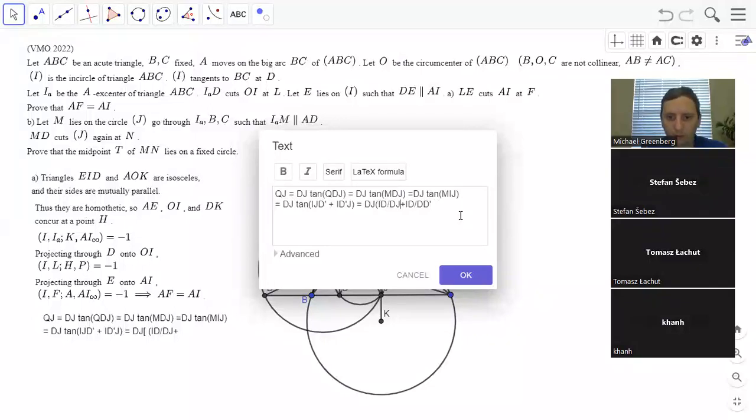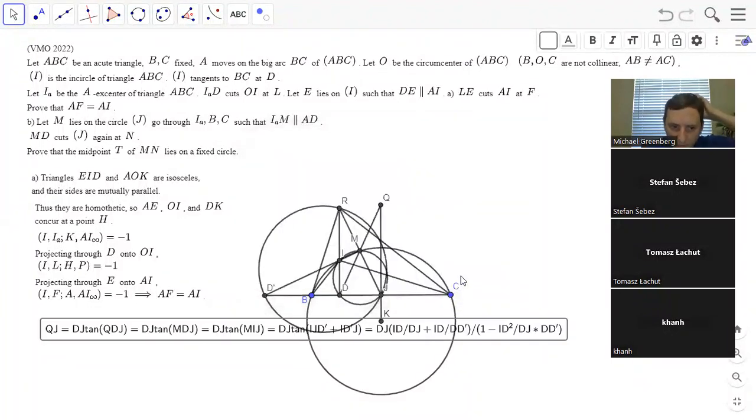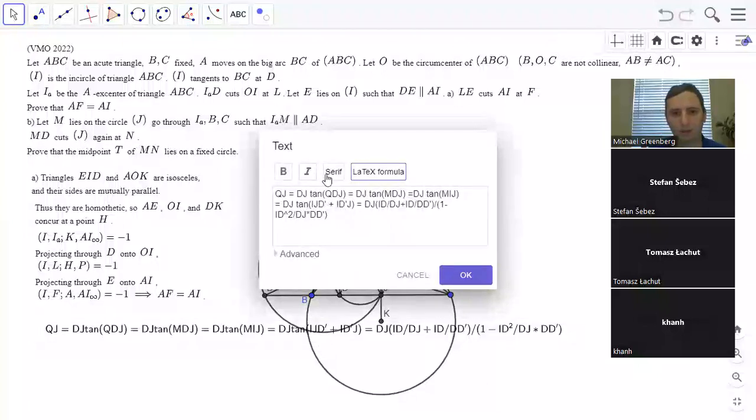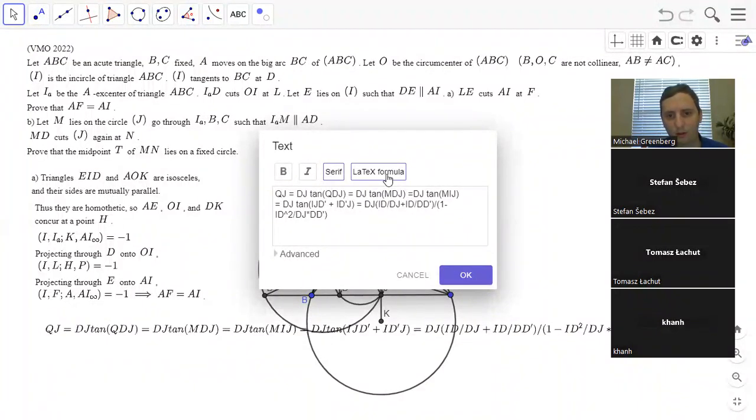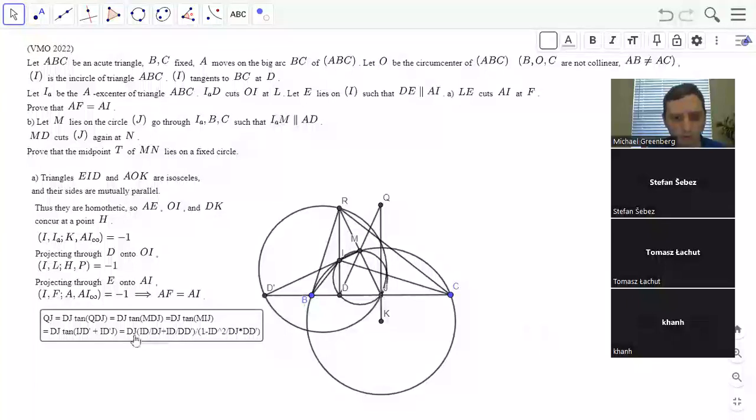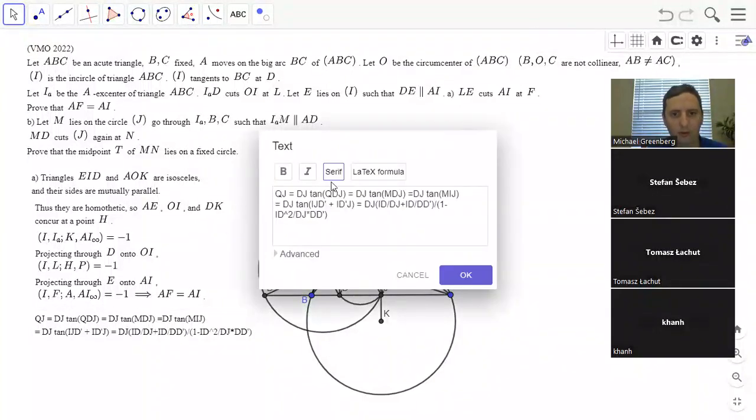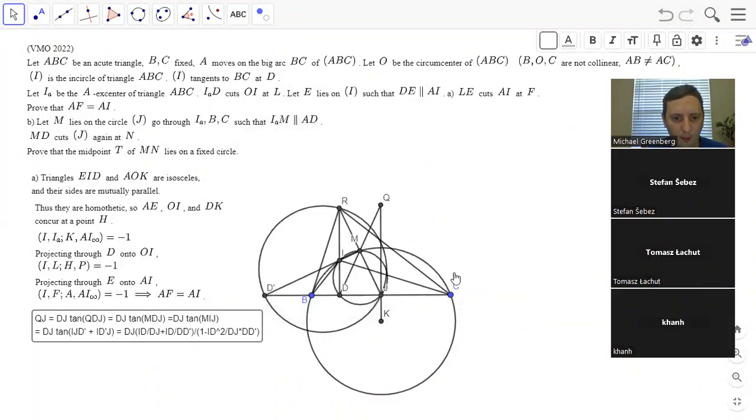Actually, I could do it like this. Over 1 minus ID squared over DJ times DD prime. Whoops. Let's get rid of the LaTeX for the moment. I could do serif, just okay.